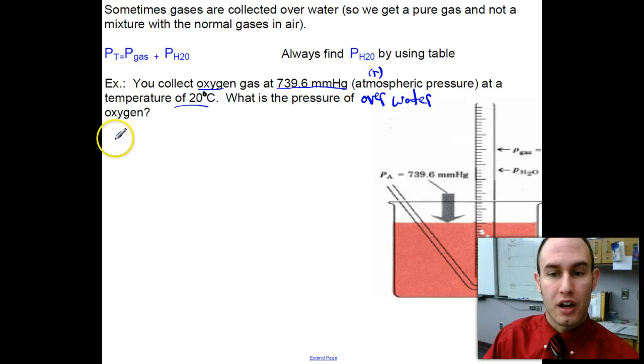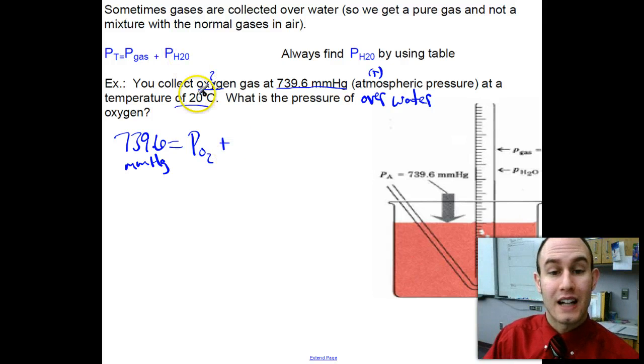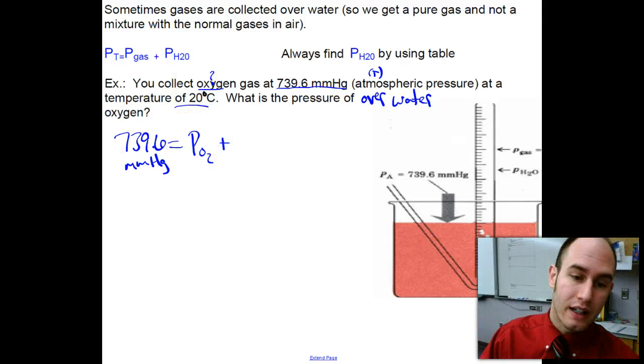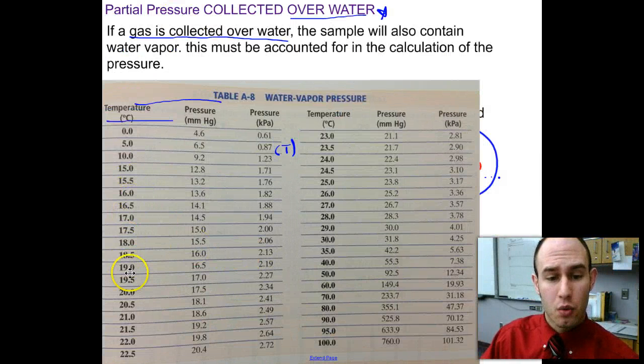The total pressure is 739.6 millimeters of mercury. That is equivalent to the pressure of my gas, pressure of O2, which I do not know. That's my unknown. Plus the pressure of water at 20 degrees Celsius. I need to go back to my table and find 20 degrees Celsius.